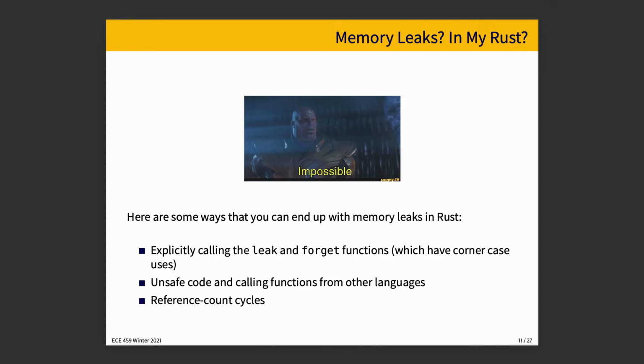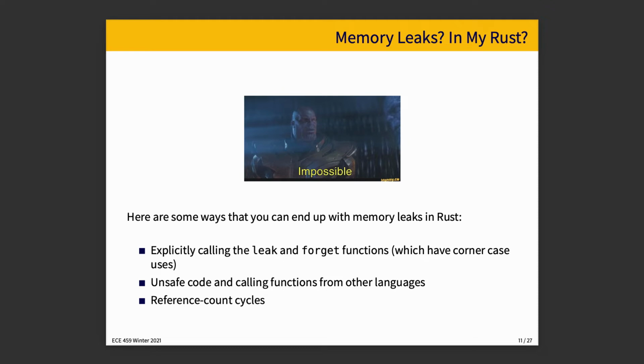Some of the examples are, number 1, explicitly calling the leak and forget functions. You can, in fact, choose to do this on purpose. There are a couple of corner cases where you'd want to do this. Forget, in particular, is good for cases where something is being handed over to another language. You're writing this module in Rust, and it hands some memory over to a C program, or a C module of your program, and it's the job of the recipient of that memory to deallocate it when it's done.